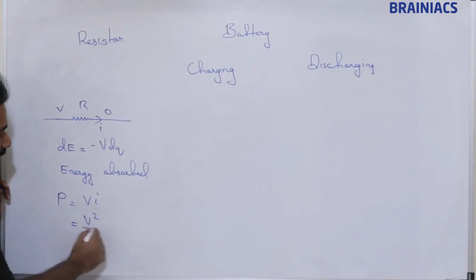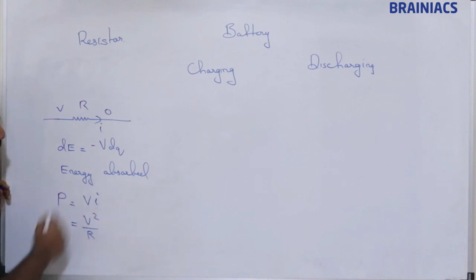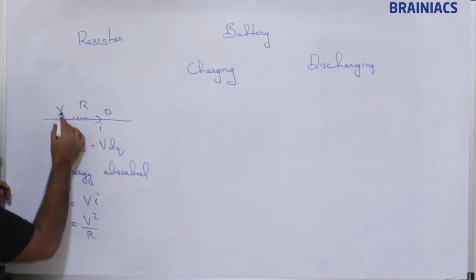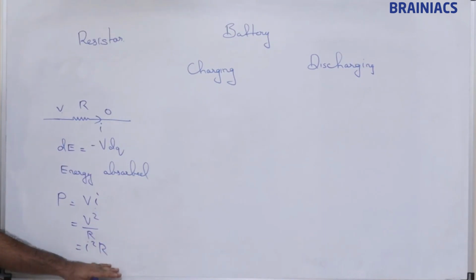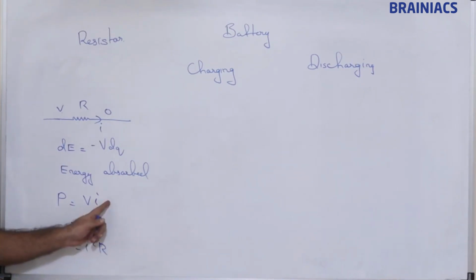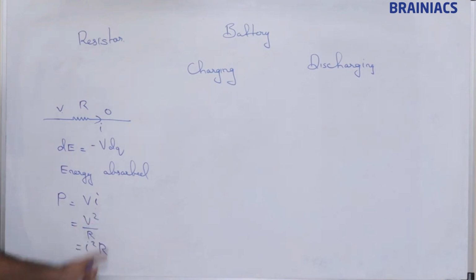Substituting that, we get V square by R. Then V is equal to I into R, so we can say I square R. So these three formulas, P is equal to Vi, P is equal to V square by R, and P is equal to I square R, are all applicable here.